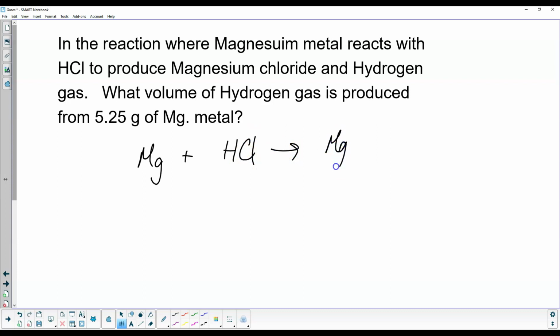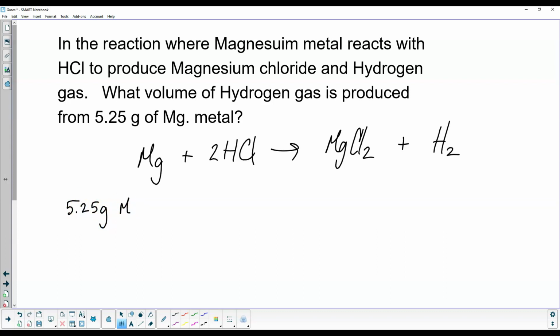You have to remember magnesium is 2 plus, chlorine is 1 minus, so it's MgCl2. And then hydrogen gas, don't forget Brinkelhoff, those elements that are never found by themselves, so you need a 2 there. So you need to be able to write the formula equation before you balance it. All you need is a 2 here. It doesn't say, but we're going to assume it's at STP. All these will be at STP.